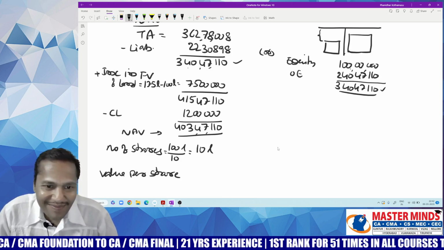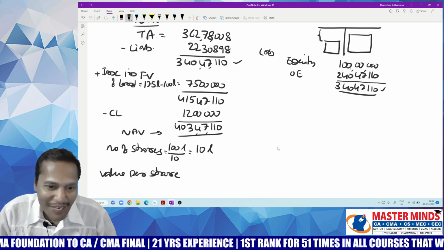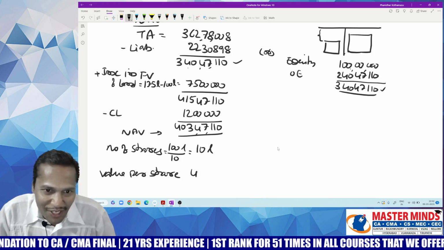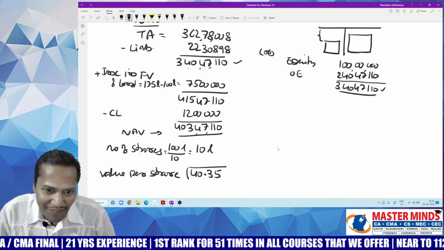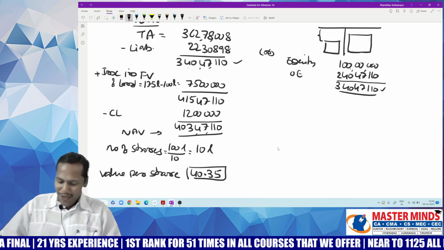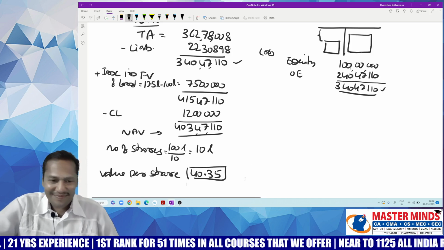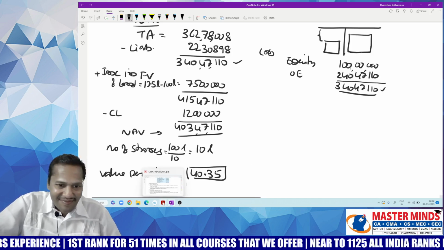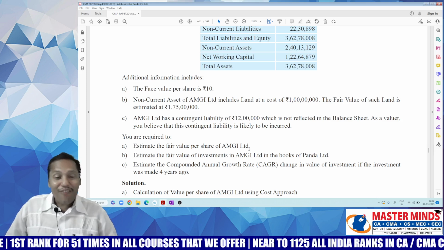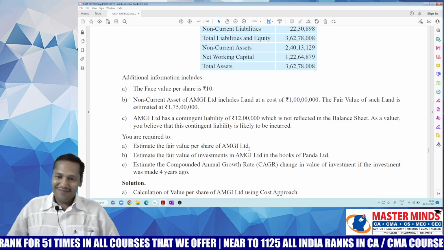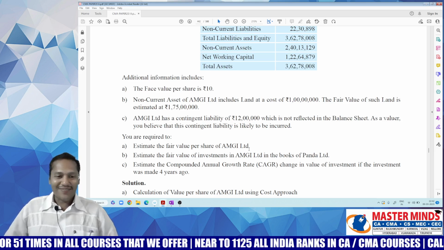By dividing by the 10 lakh shares, we get 40.347, rounding off to 40.35. This is the value per share. So the answer to the first question, the fair value per share of AMGA Limited, is 40.35.